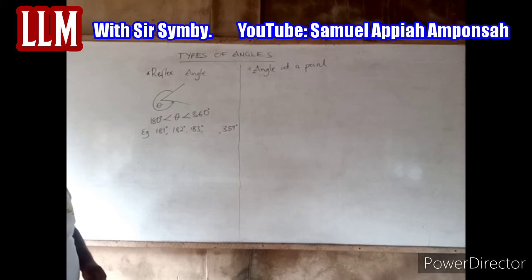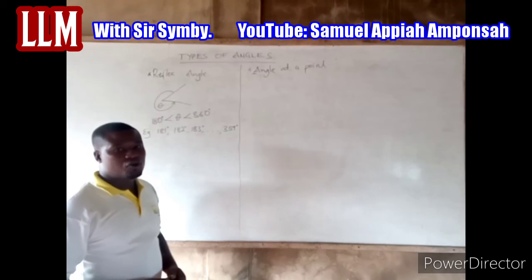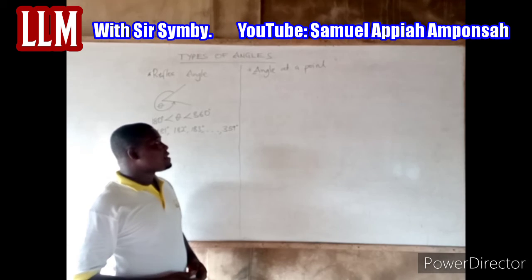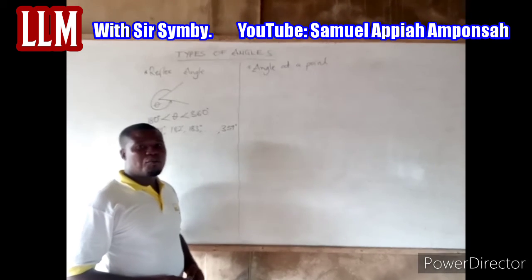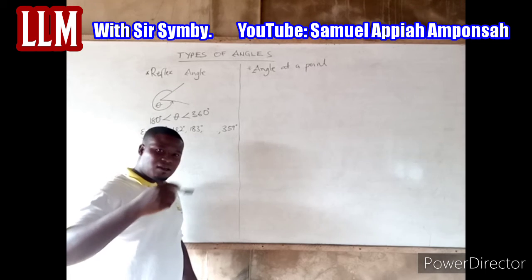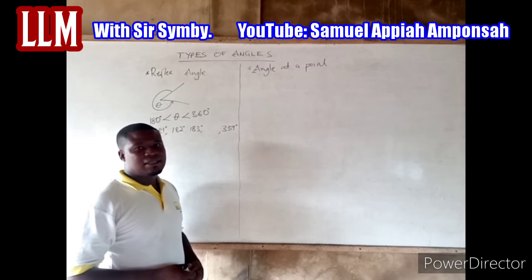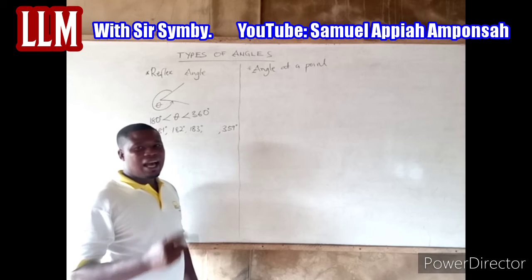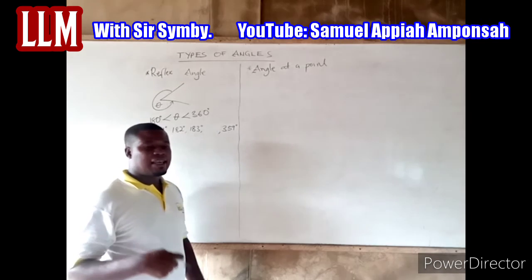The last type of angle we are going to talk about for today is the angle at a point. You can also call it angle of a circle. A full circle has an angle. And what is the value of the angle of a full circle?